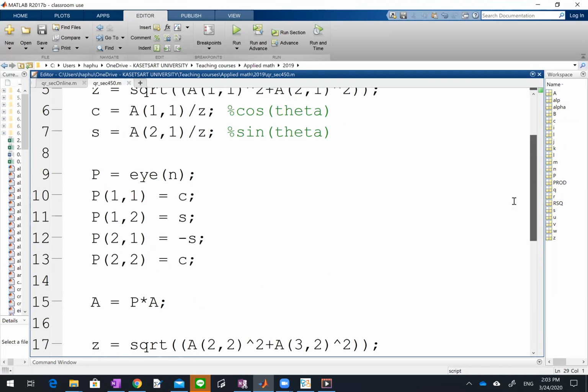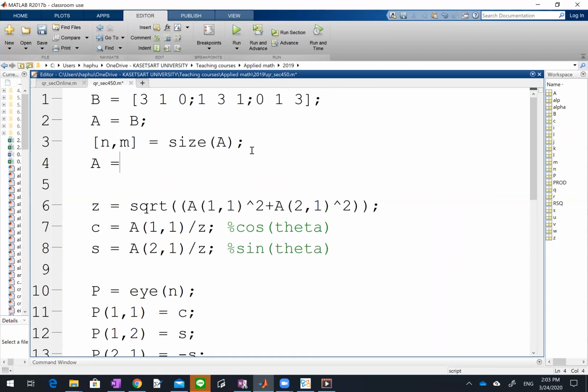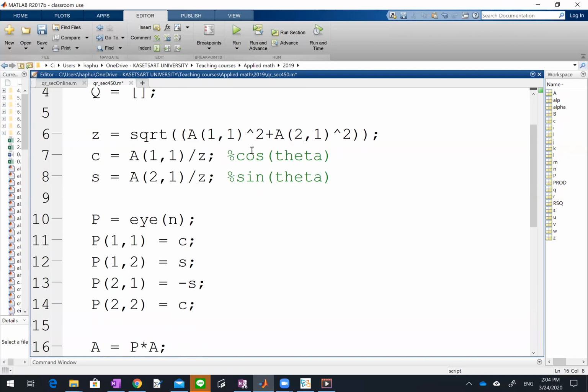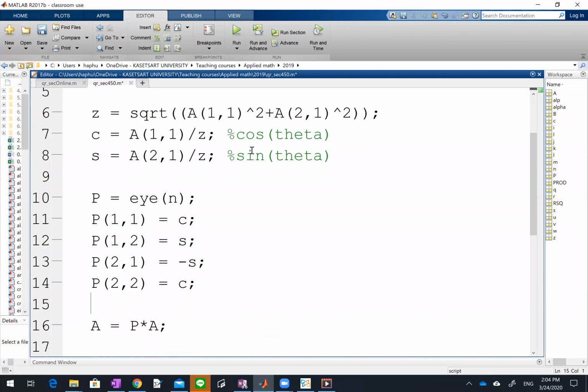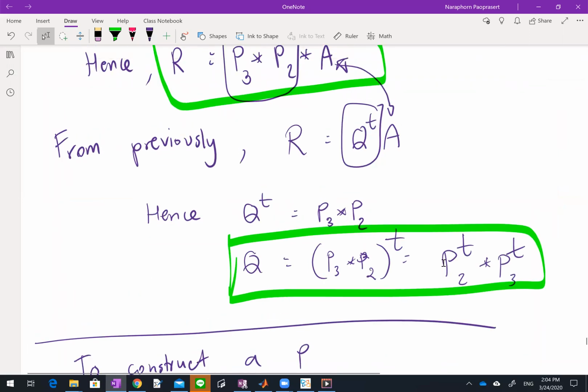Once I have this, I want to calculate my Q, so let's begin with the starting Q. Let me start with Q equal to an empty set. Then after I have my P, if we take a look at the slide, Q is just P2 transpose times PT transpose.